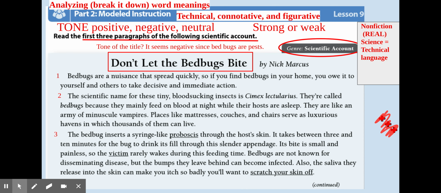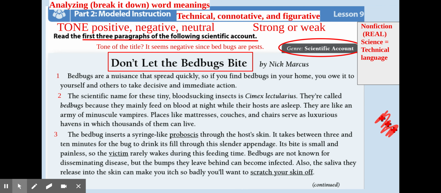Places like mattresses, couches, and chairs serve as luxurious havens in which thousands of them can live. The bedbugs insert a syringe-like proboscis through the host's skin. It takes between 3 and 10 minutes for the bug to drink its fill through this slender appendage.